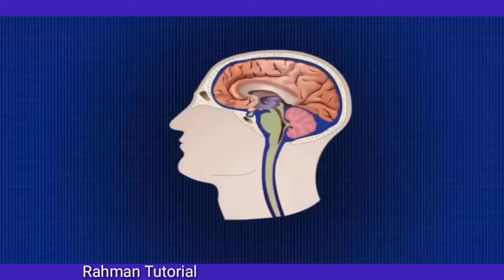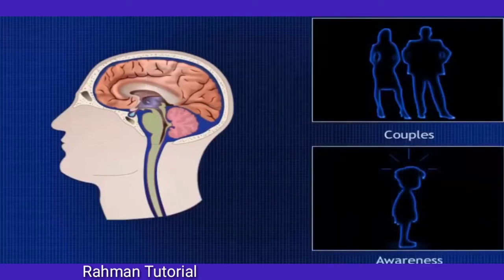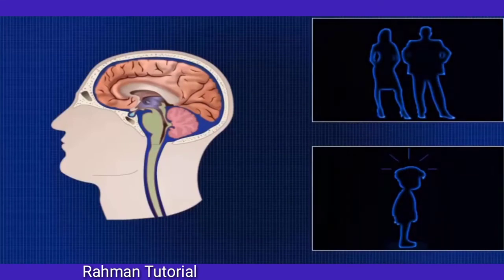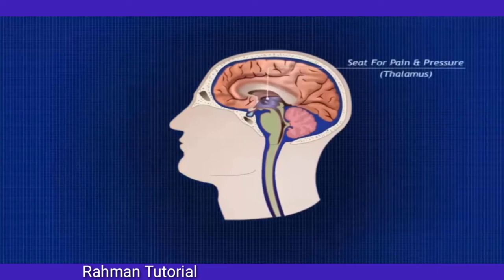Diencephalon consists of thalamus and hypothalamus. The thalamus plays a major role in regulating arousal and the level of awareness. It is a seat for pain and pressure.